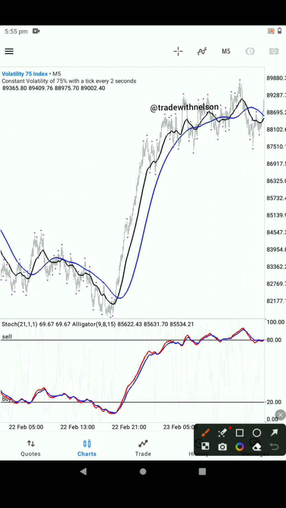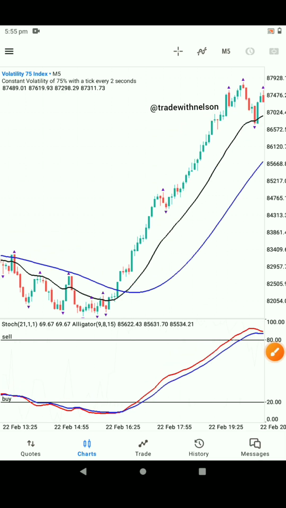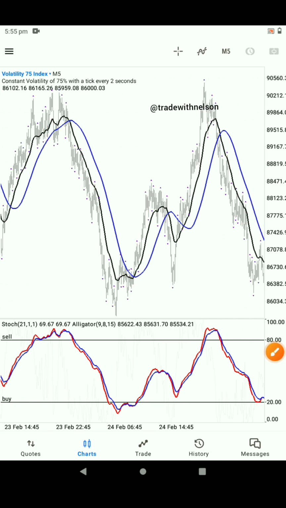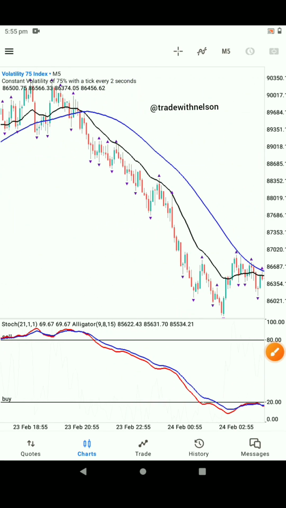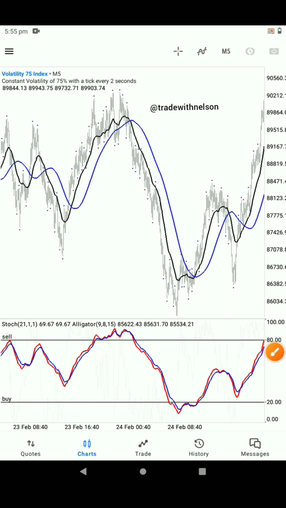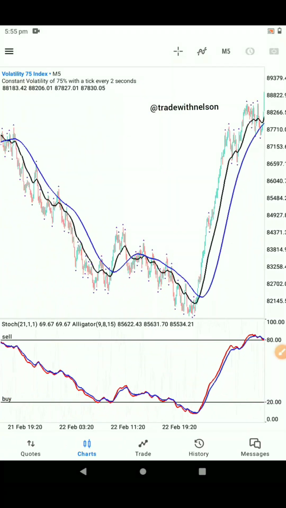So when the candles are above the moving average like this, these are the candles. Let me zoom in so that you can see that clearly. So this is uptrend, and when it is below like this, it is the downtrend. I have some triangles on top which help us know the right swing where we are supposed to place our stop loss.